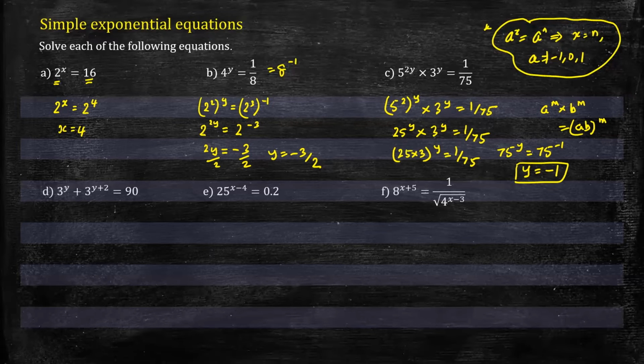In question D, we have 3 to the power y plus 3 to the power y plus 2 equals 90. And notice now again, we have a plus in our equation. So what I suggest for you to do here is to factorize. But before we do that, let's expand this second term. So we have 3^y plus 3^y times 3 squared equals 90. So we have 3^y plus 9 times 3^y equals 90.